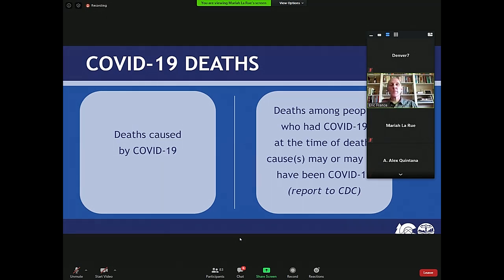And so I'm going to just change my view here so I can see this a little better. But you see here that we have been reporting at the state deaths among people who had COVID at the time of death. And the cause of that death may or may not actually have been COVID-19.